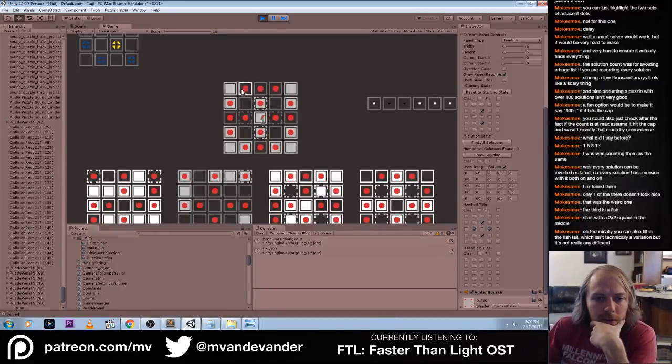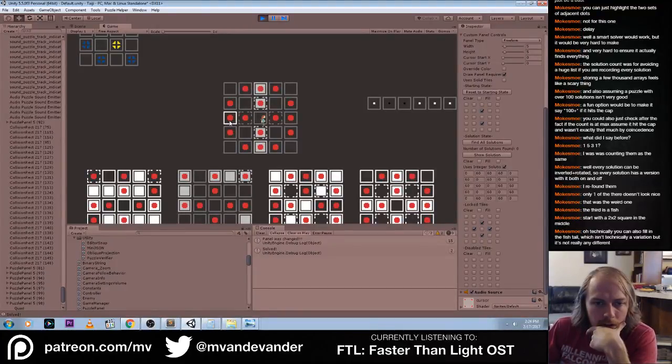Is this solvable? People want to know. I guess I can do it this way where I connect this and then I make sure that there's only two in that area, but I don't know how I can do that.